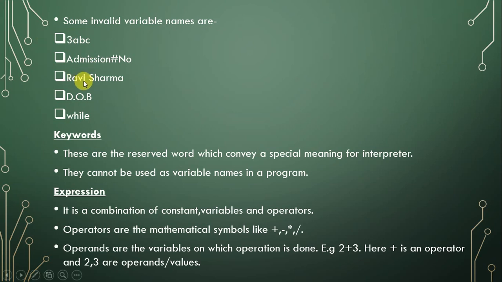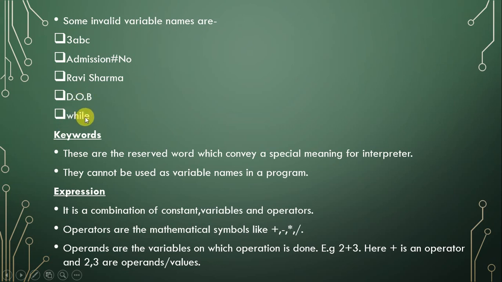Next is Ravi Sharma. As told earlier, we cannot give space in between a variable name, so this is also an invalid variable name. D.O.B. What is the wrong thing here? It consists of full stops, which are not allowed in Python programming. Next is while.